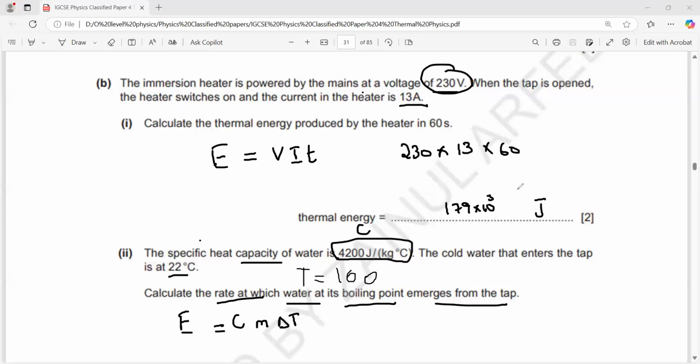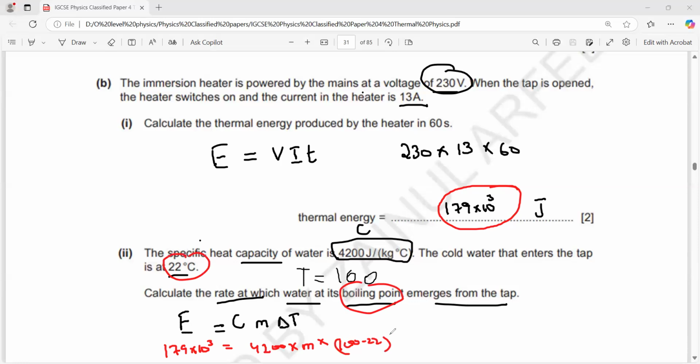We already calculated it: 179 times 10 to the power 3. What is the specific heat? 4,200. What is the mass? We don't know. And what is the temperature change? It starts from 22 and reaches its boiling point, so the temperature change is 100 minus 22. So now we have to simplify this equation.